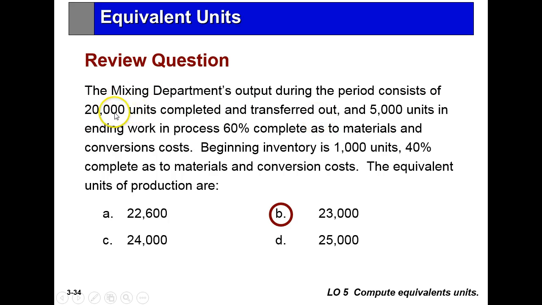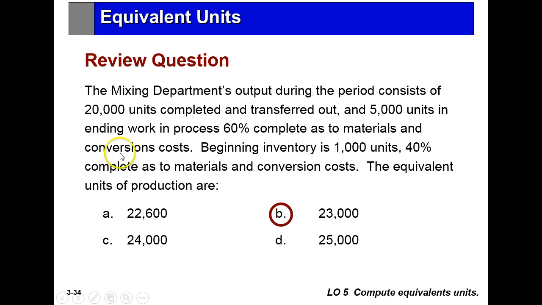out. So they're basically telling us, if I'm seeing it correctly here, we're starting the period with 1,000 units, 40% complete, which means we're at roughly an equivalent of 400, okay?